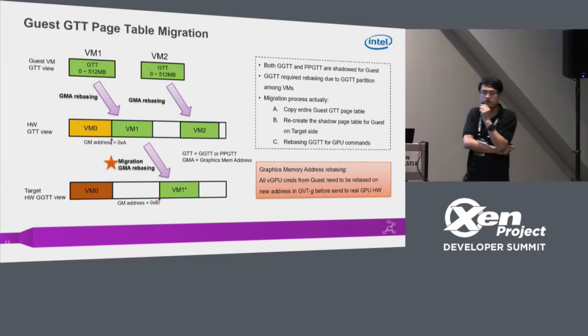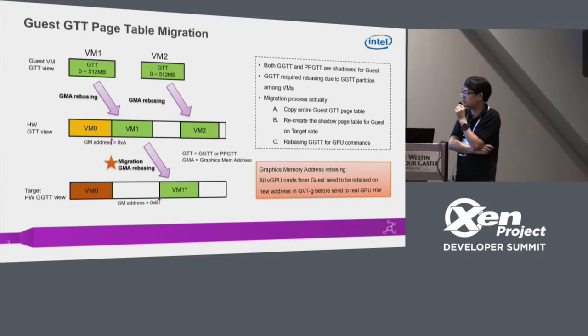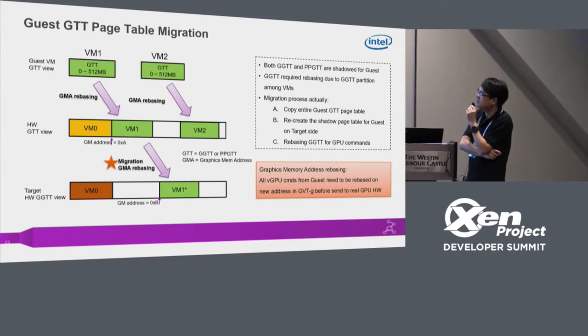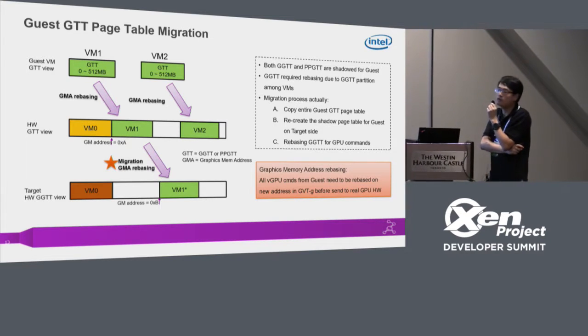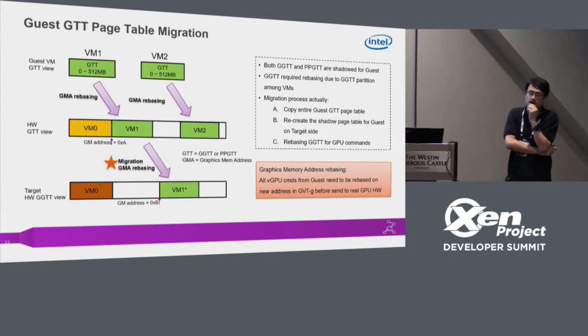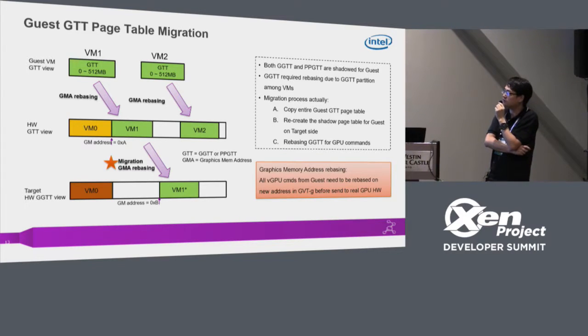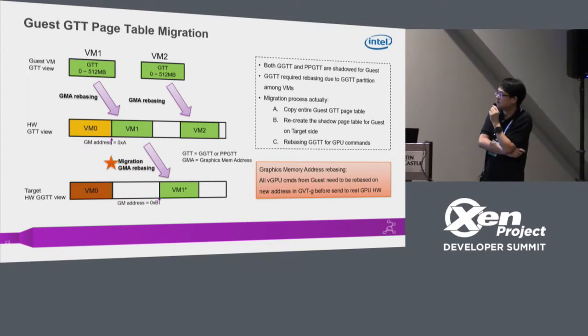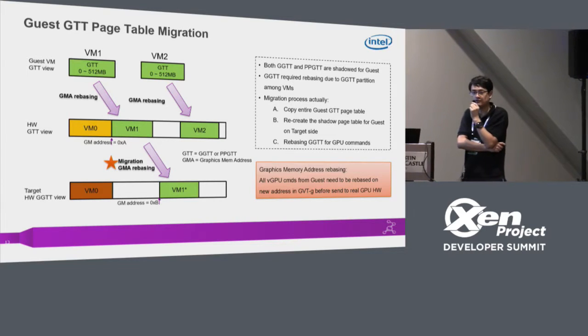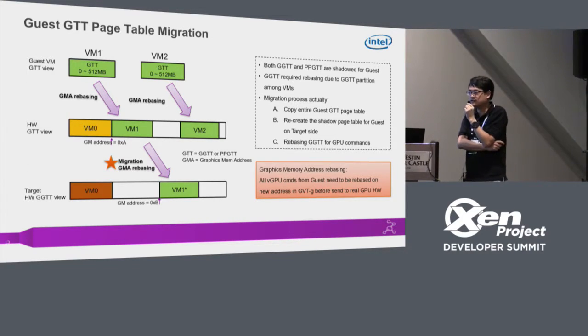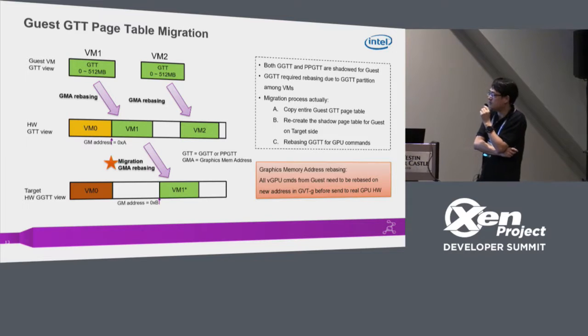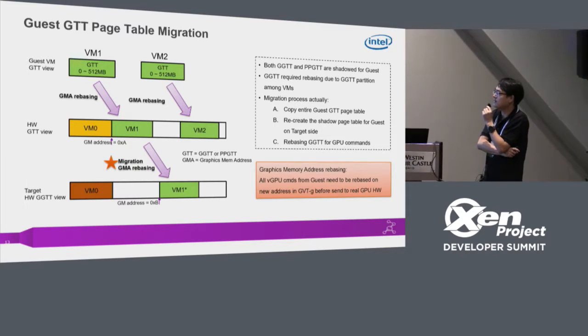From the VM's point of view, it gets the resource starting from 0. So when it programs GPU commands, for example, it will try to access GPU address 0. But from the hardware point of view, on the GVT-g side, we always partition the GGT table into several parts, and each VM gets one of the parts.